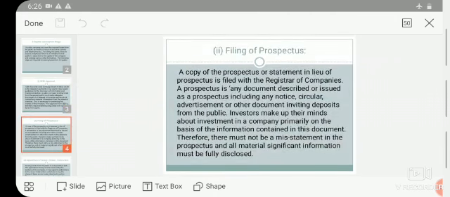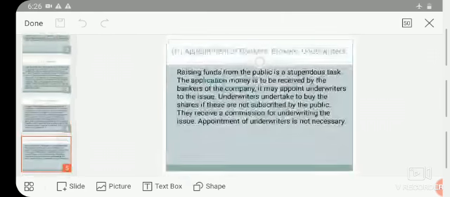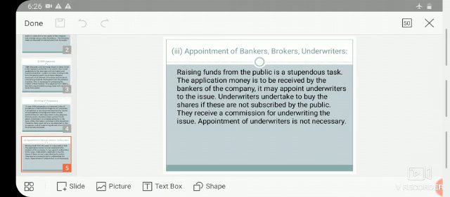The second, the public company has to file a prospectus before the registrar for issuing shares and debentures to the public. Then the company has to appoint its banker through which transactions are dealt, and brokers and underwriters have to be appointed.